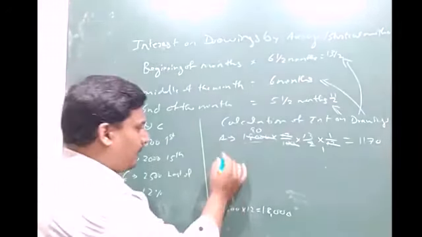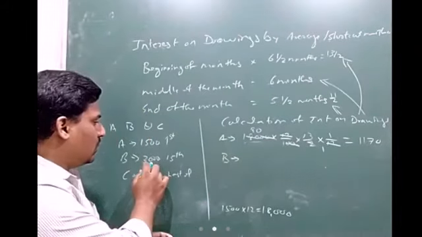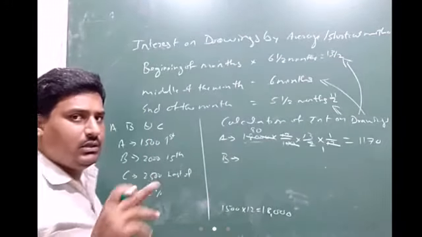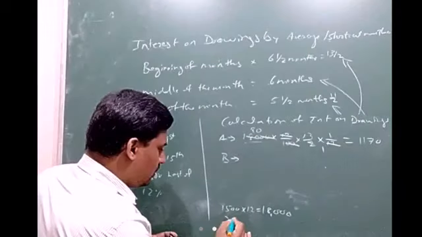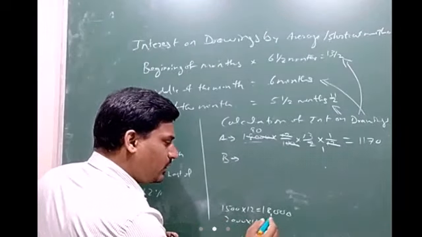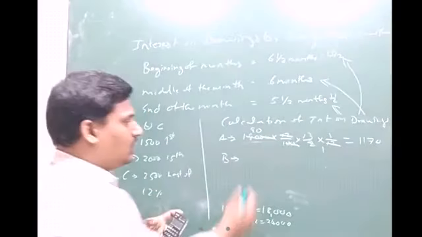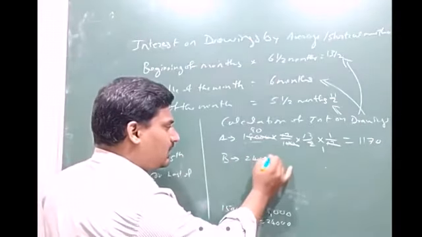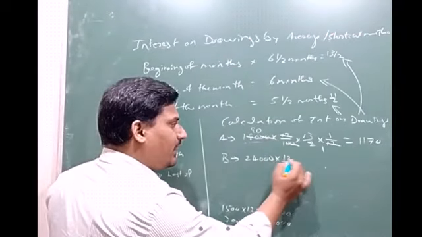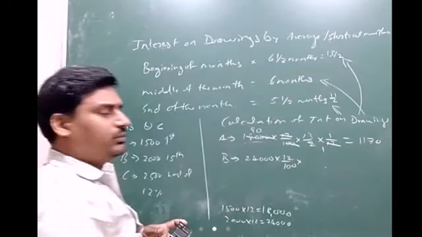Second, B withdrew 2,000 on the 15th of every month for 12 months. So 2,000 into 12 is equal to 24,000. B withdrew 24,000. So 24,000 into the rate of interest 12 divided by 100, into.